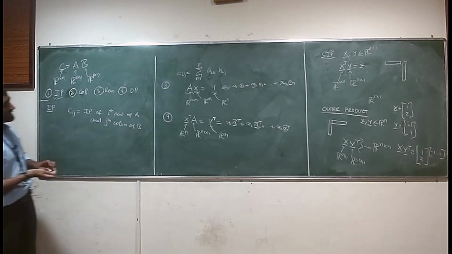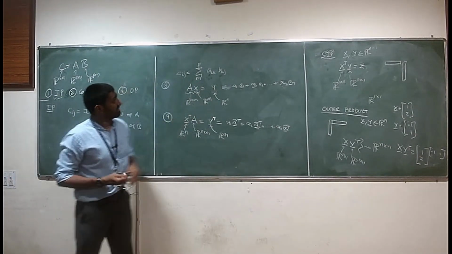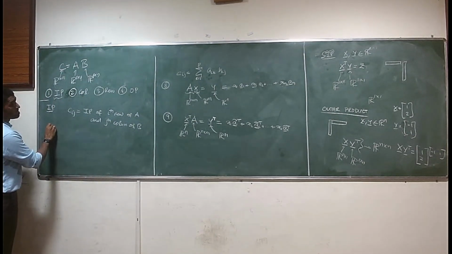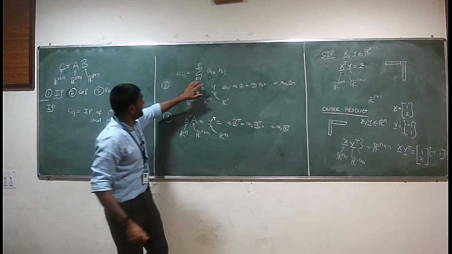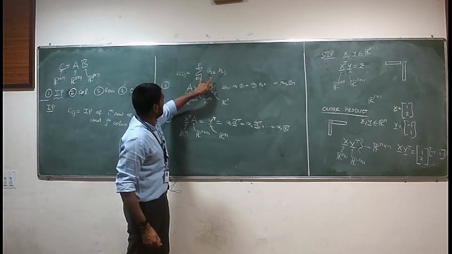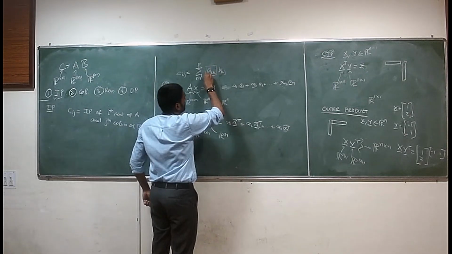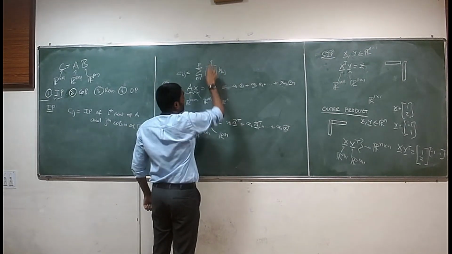Now let's check if that's in fact correct here. Cij is this sum. You have Aik. Where are these elements from?